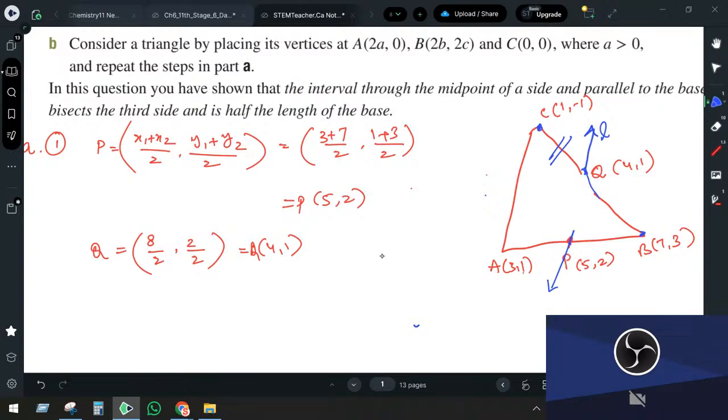What he asked is to draw a line parallel to AC. Of course, you will get the same Q only, but we need to find the line.